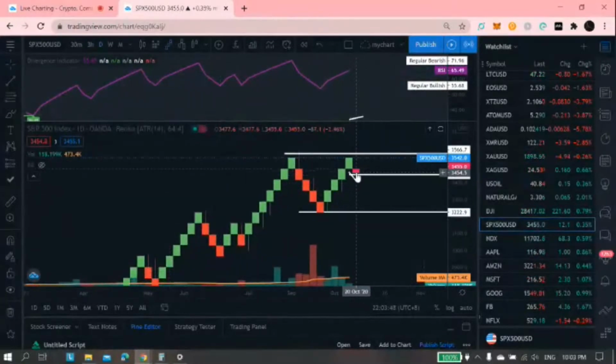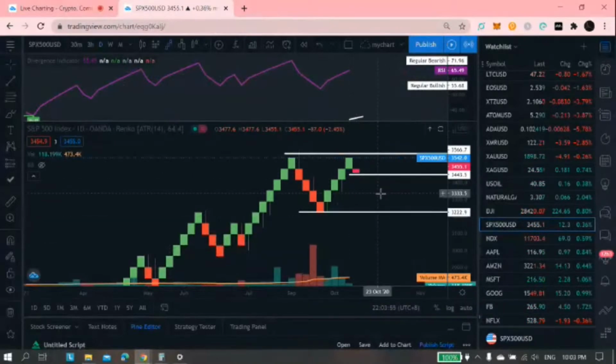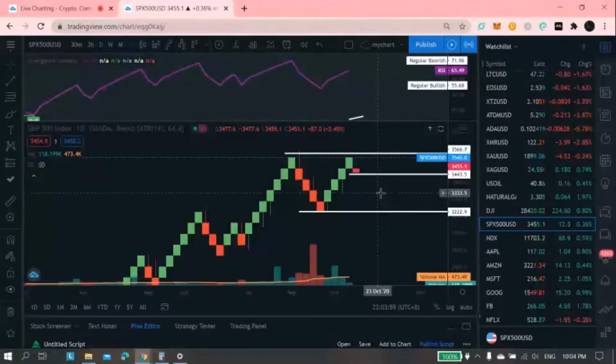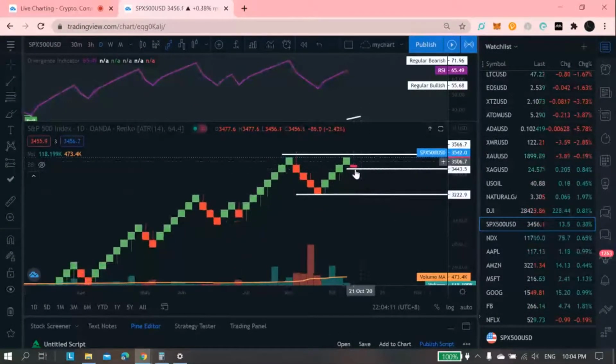Because using a projected Renko bar might give you a wrong decision unless it is confirmed that it's already a downtrend. I see some Renko bars or a projected Renko that's already bearish and then suddenly it became a bullish Renko chart.